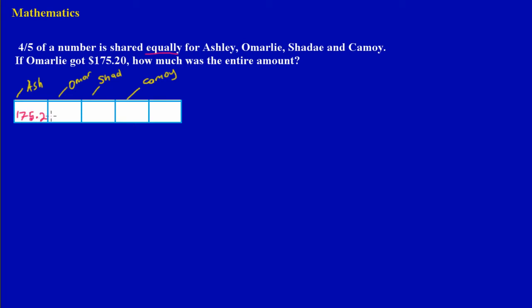So in each of these boxes I will have $175.20. O'Malley received $175.20, Shade also received $175.20, and Kamoy also received $175.20. Now obviously it's 4/5, so 4 parts out of 5 parts would have a certain amount.